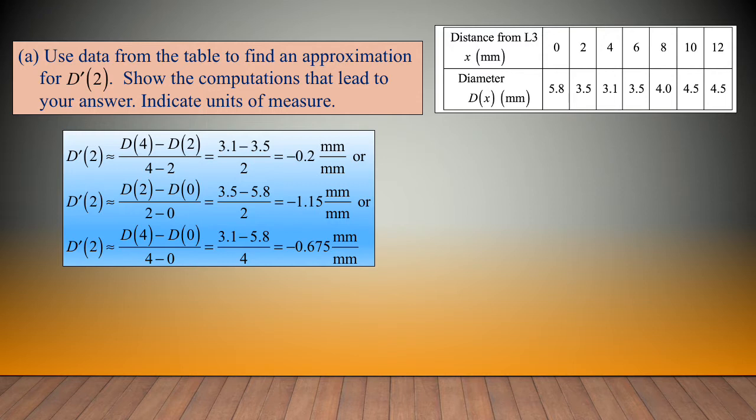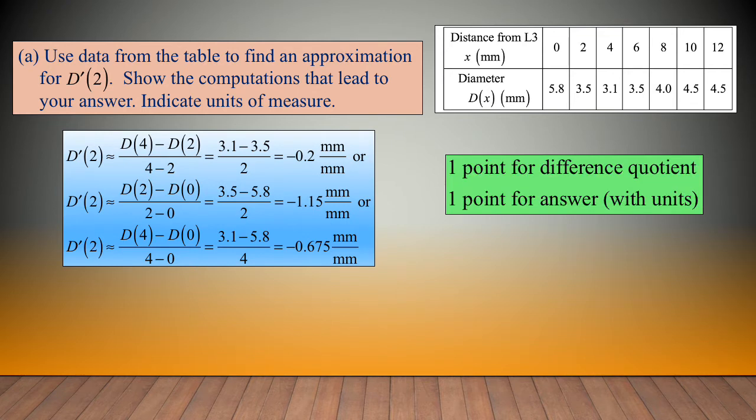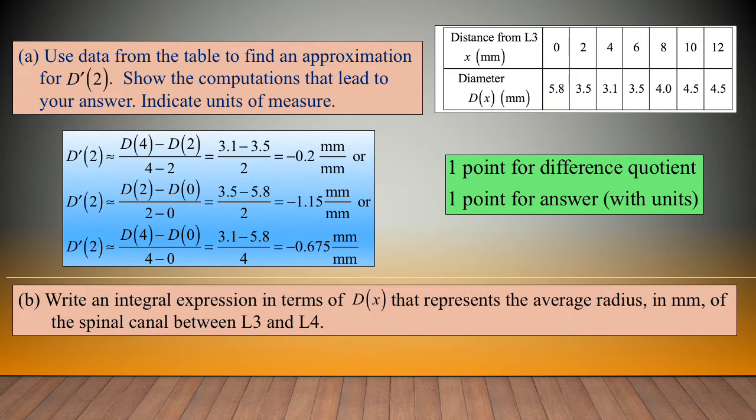Or d'(2) is approximately equal to (d(4) - d(0))/(4 - 0), which is (3.1 - 5.8)/4, which is -0.675 millimeters per millimeter. 2 points for this problem, 1 point for one of the difference quotients, and 1 point for the correct answer with correct units.